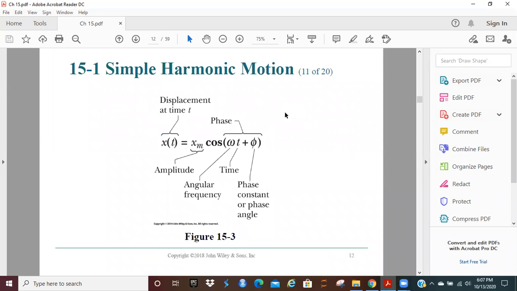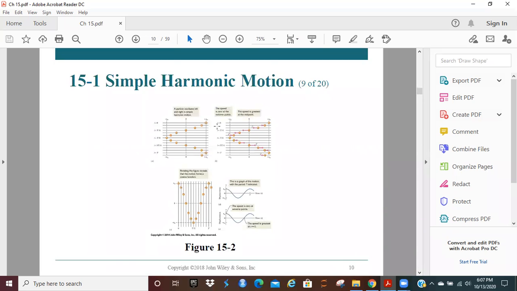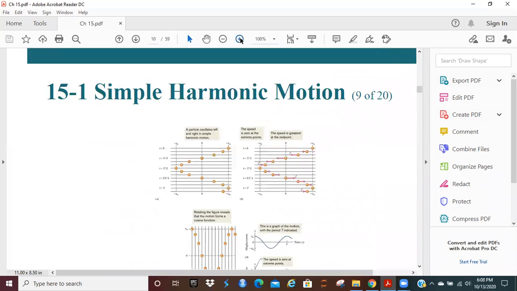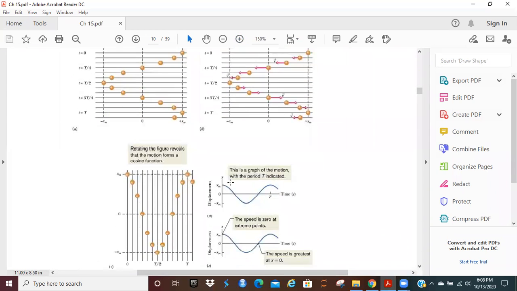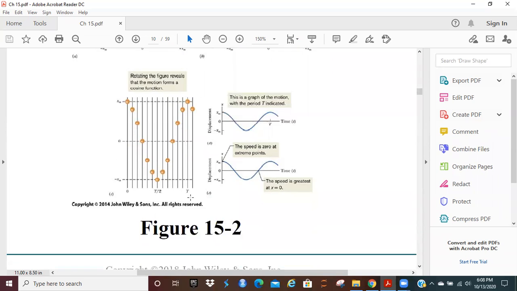Reason being, if you want to find out where it is, not at 1 times the period, but twice the period, it's still going to have the same shape. So it's still going to be at, in our case, minus x sub m.